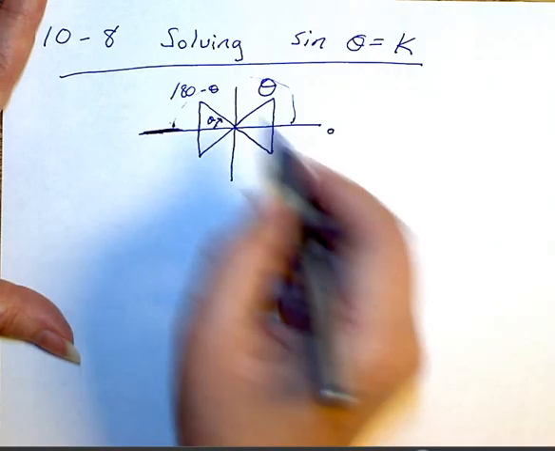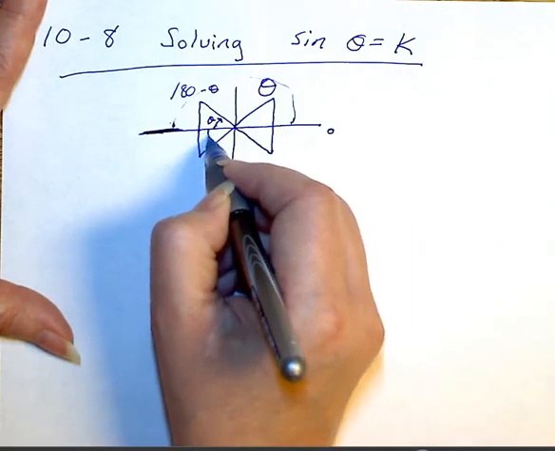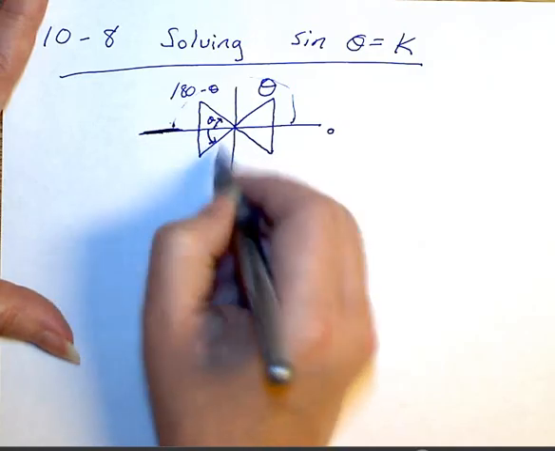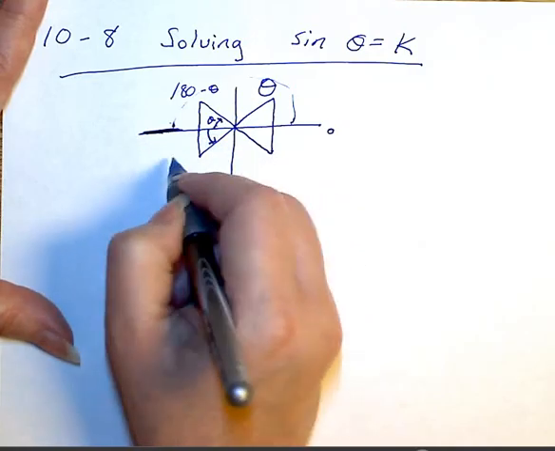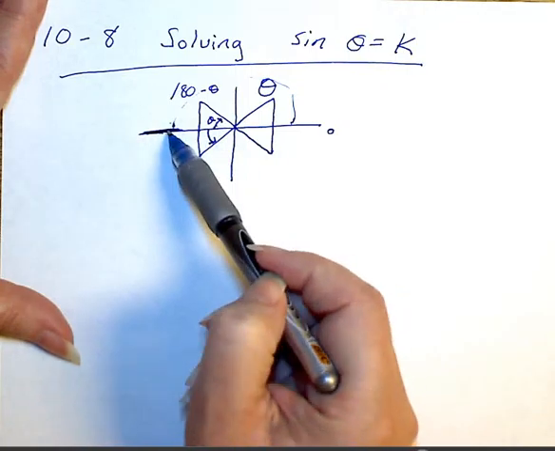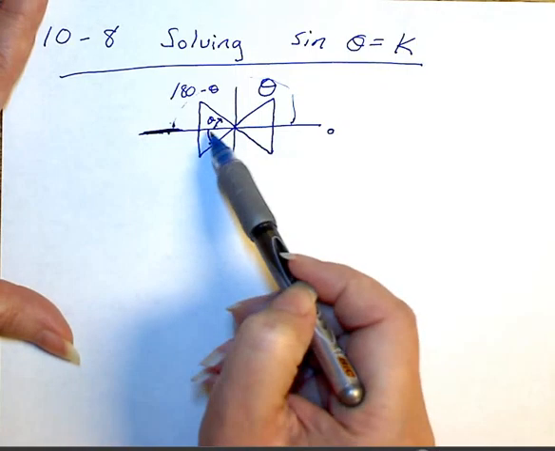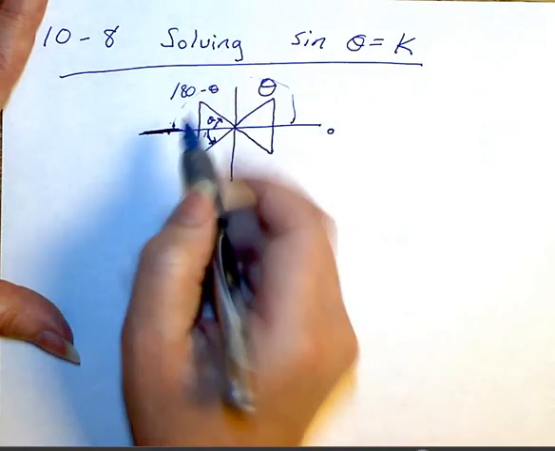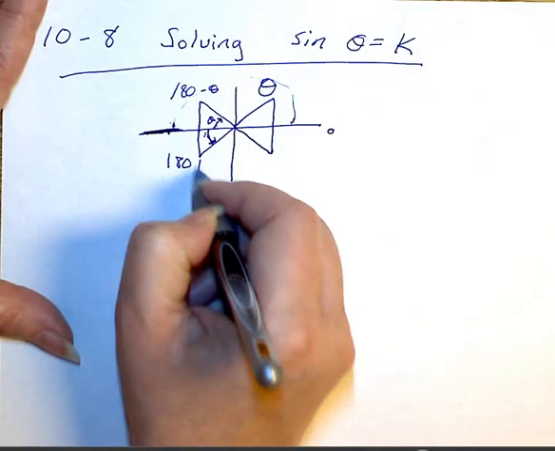With that in mind, what is this quadrant? This is 180, and this is theta, so it's going to be 180 plus theta.